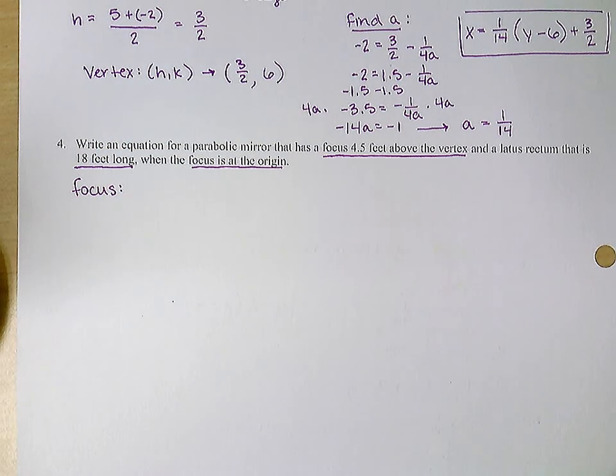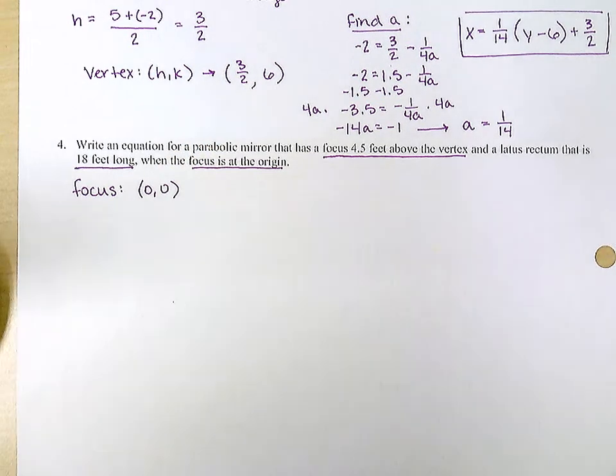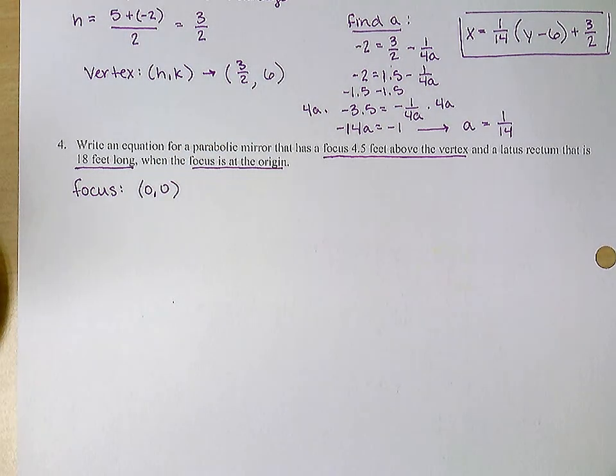The focus is at the origin. What coordinate is the origin? 0, 0. So our focus is at 0, 0. Now, it's saying that the focus is 4.5 feet above the vertex.